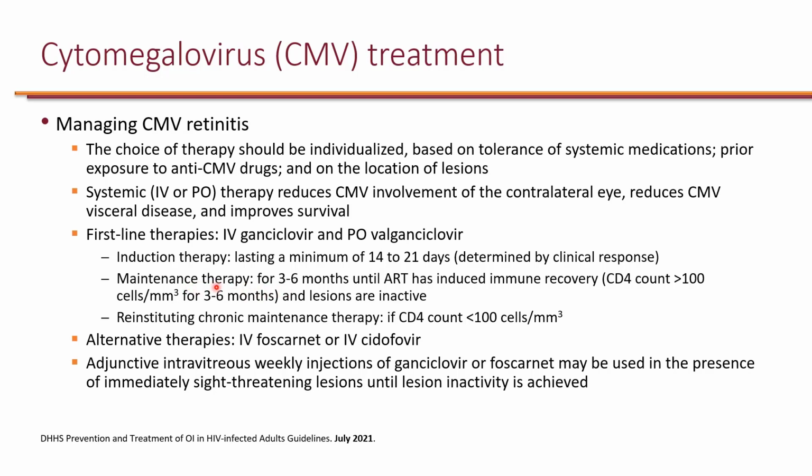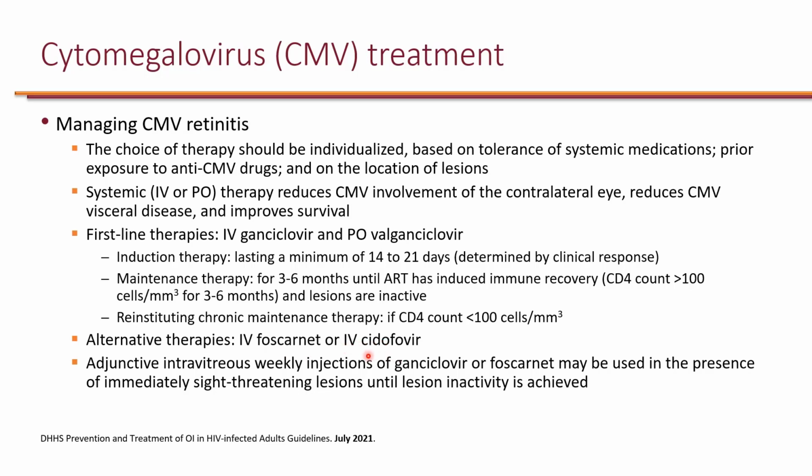On the other hand, if somebody has developed CMV retinitis and, after completion of therapy, their CD4 goes to less than 100, then chronic maintenance therapy should be reinstituted. Now, alternative therapies include IV foscarnet or IV cidofovir.